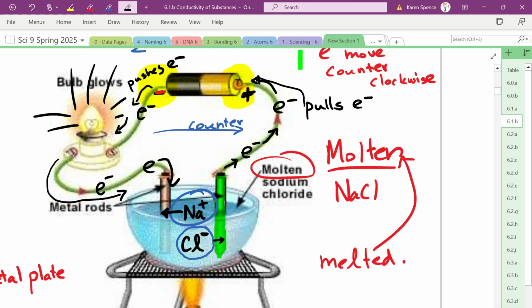So it will neutralize all those extra electrons that end up there. And so you can actually see that that positive charge is actually moving in the opposite direction to the negative charges. Okay, you are not responsible for conventional current, the positive charge flow this year, but it is interesting to know about because it's one of those historical things about science where they just define things in a weird way that made it awkward.